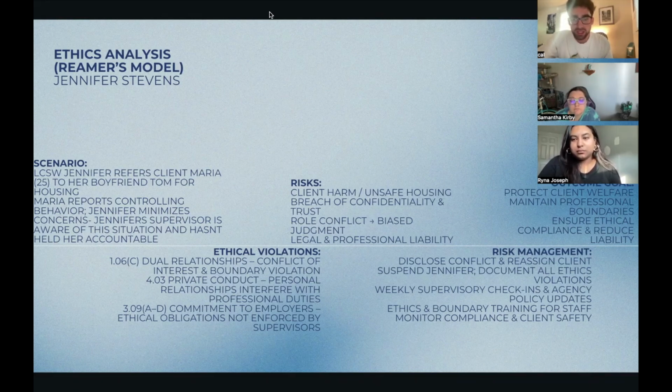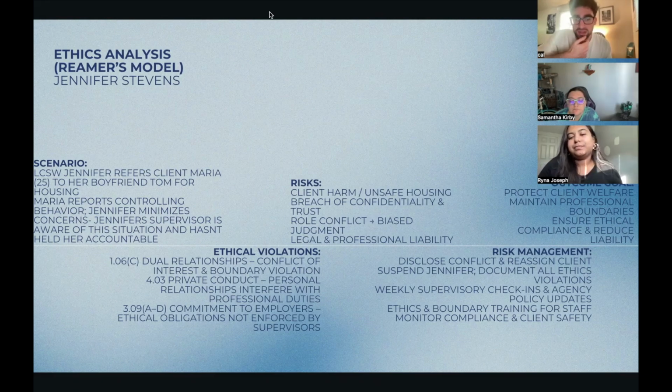So our risk management factors, we would start by disclosing the conflict to the supervisors and reassigning the client to another provider. Additionally, we would suspend Jennifer and try and document as much of her ethical violations as we can.